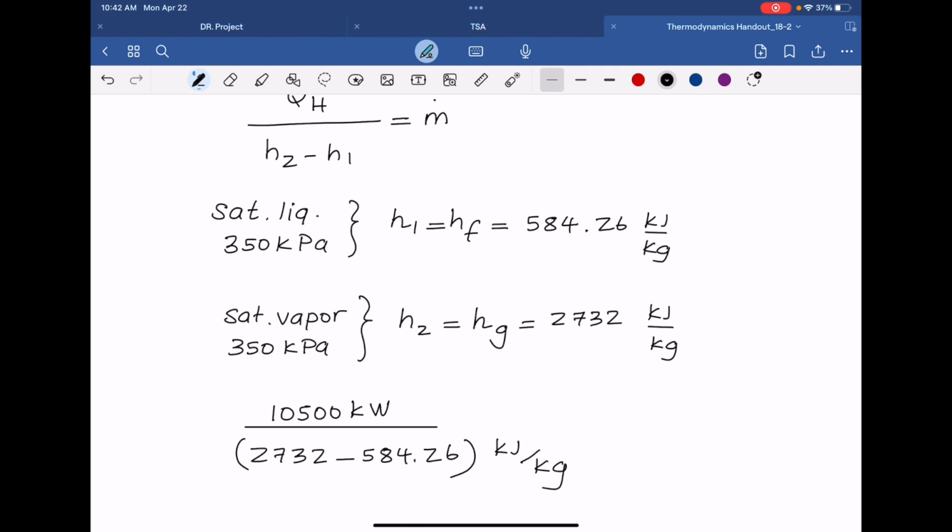Kilowatts is kilojoule per second, and kilojoules cancel. We end up with a unit of kilograms per second. All right, that's it.